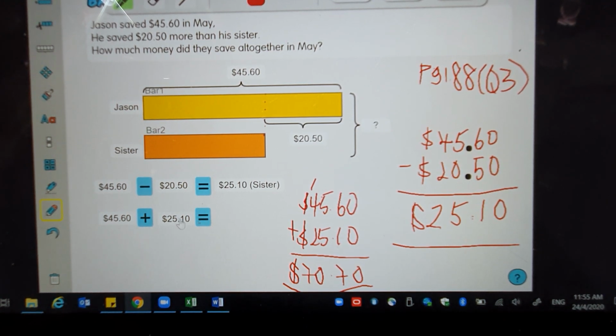Oh, sorry, there is an error here. The sister has $25.10 and Jason has $45.60. So you add them together and you will get $70.70.